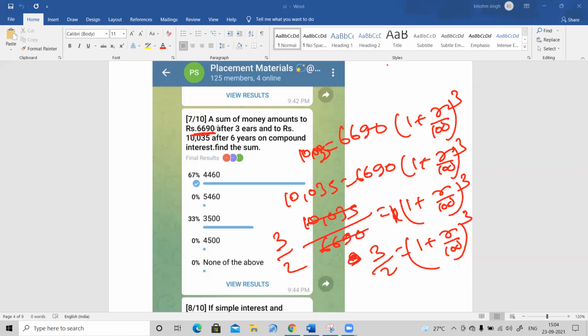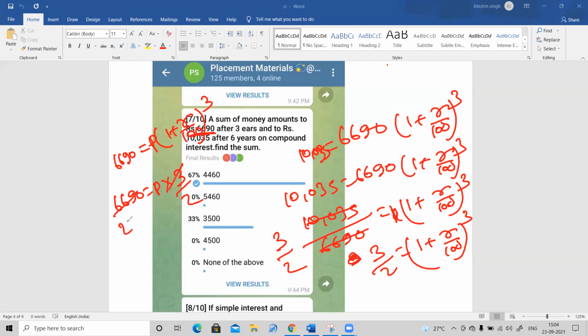This is coming after 3 years. So just assume that starting you have p principal, and 6690 after 3 years, and you put like this 1 plus r divided by 100 to the power cube. So 6690 and principal is here, and 1 plus r divided by 100 to the power cube is value how much? 3/2. So 3/2 I will write here.